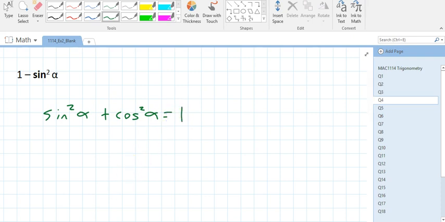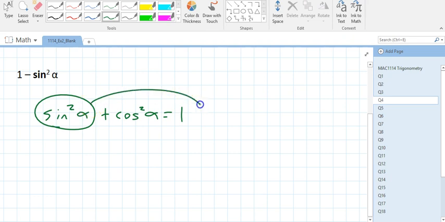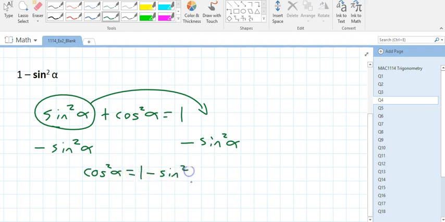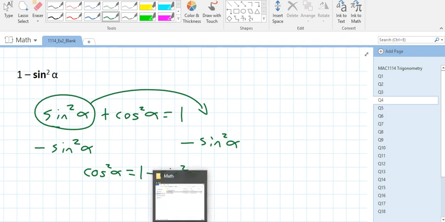And so if I get the sine to the other side, like what we did with the tangent in the previous one, how do I move a positive sine squared alpha? So we found that cosine squared alpha equals 1 minus sine squared alpha, right?